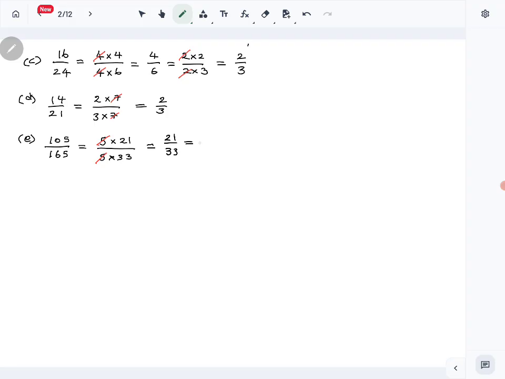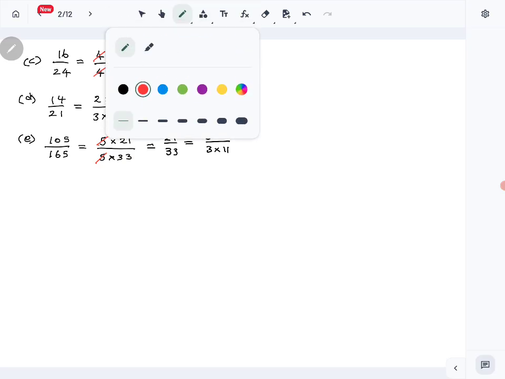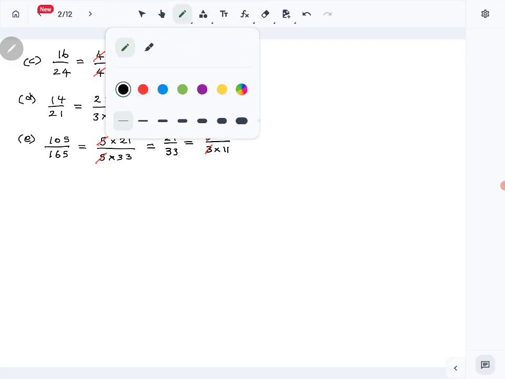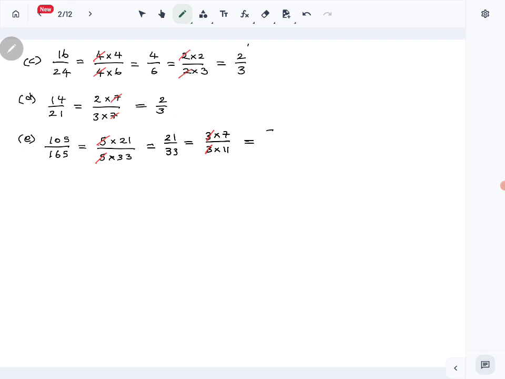So then this can be written as 3 into 7. 21 is 3 into 7, and 33 is 3 into 11. So you can again cancel 3. So then what is left? 7 over 11. That is the simplified form of the fraction.